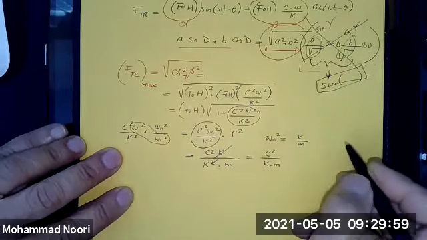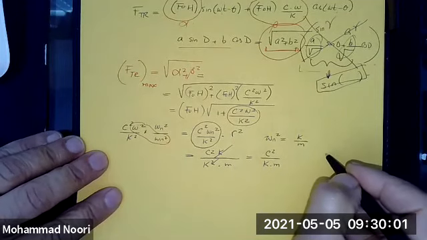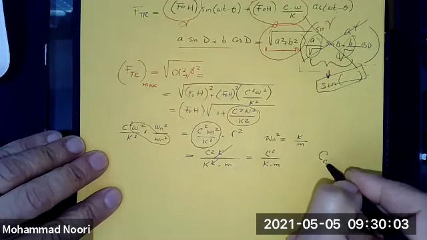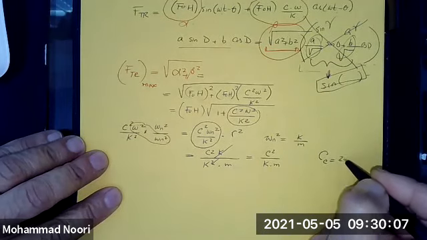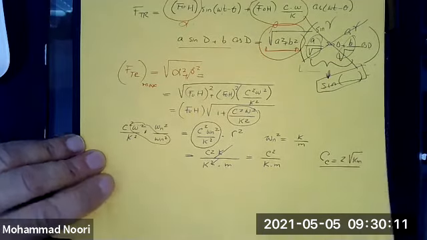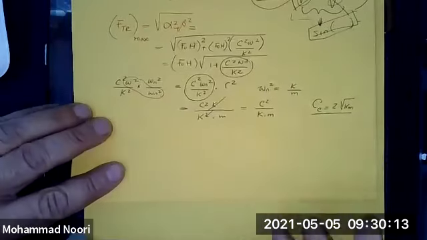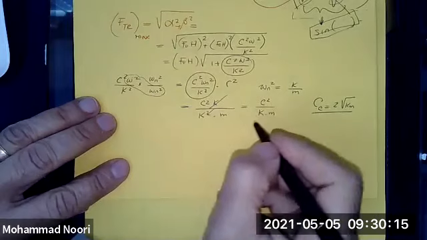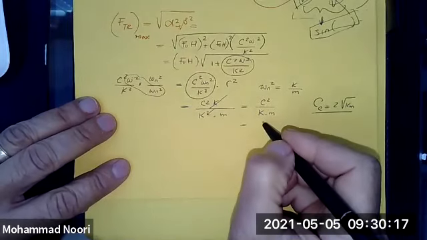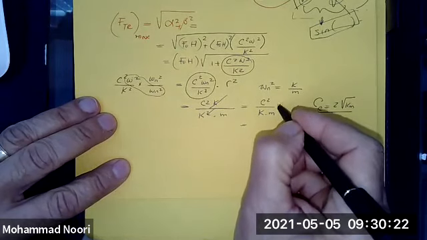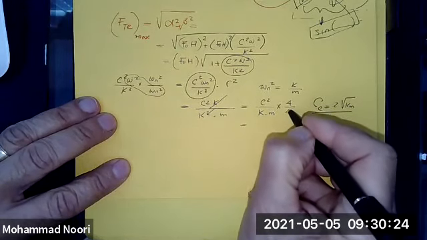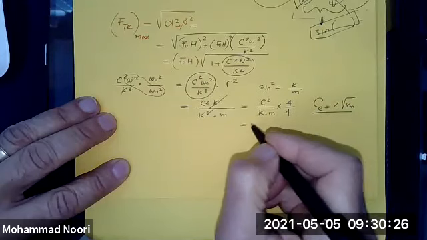But you remember that critical damping was what? 2 square root of Km. Remember that? Right? So what I have here, I'm going to multiply this by 4, divided by 4.